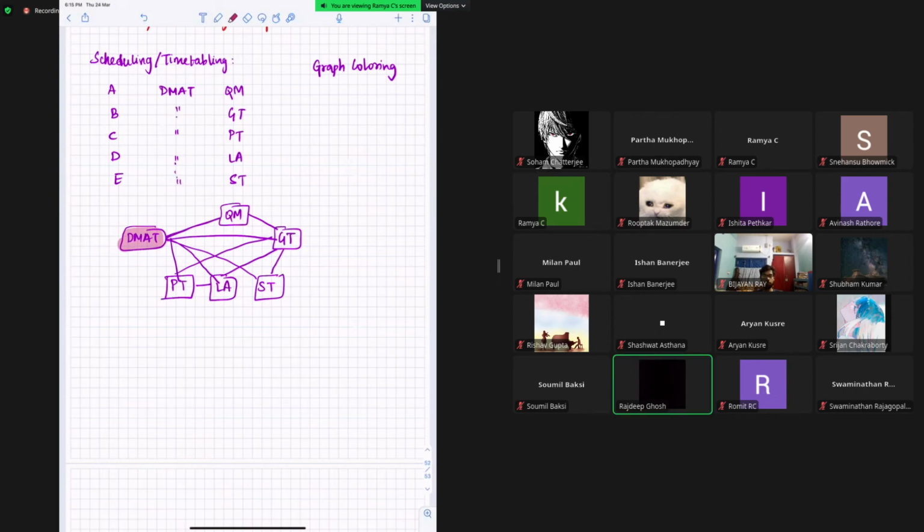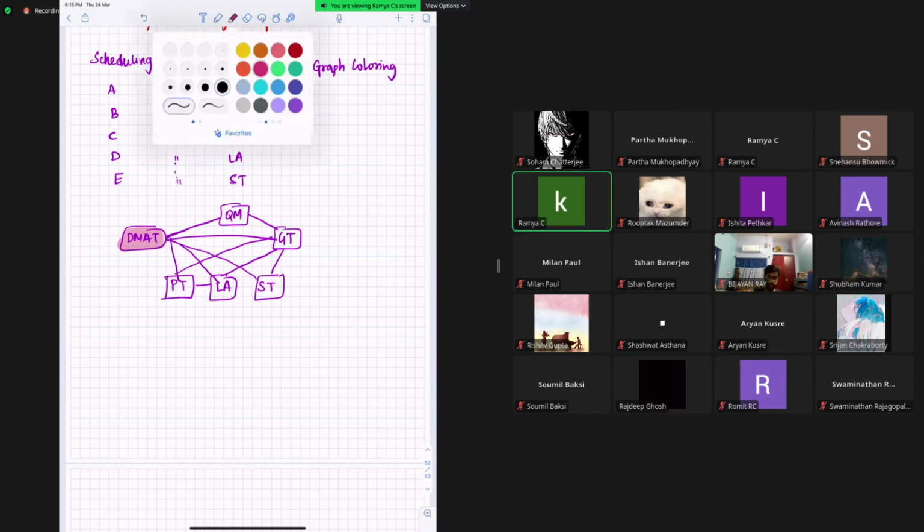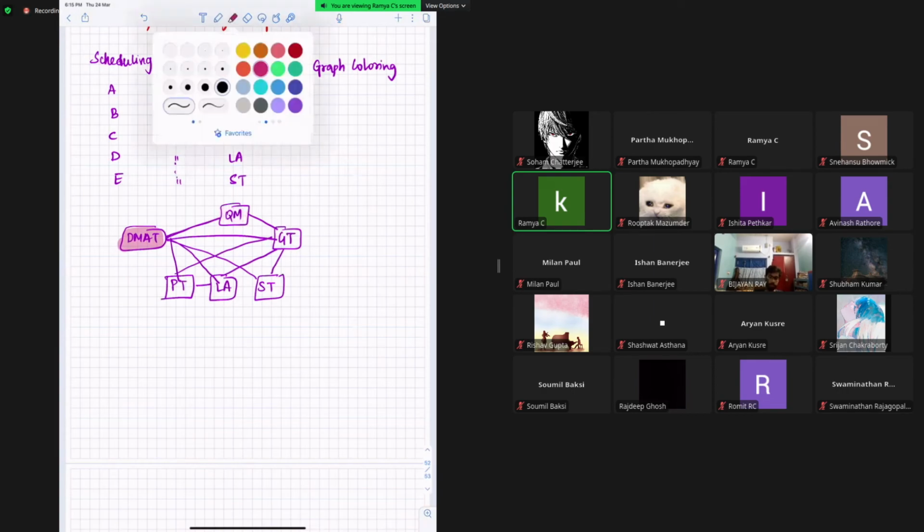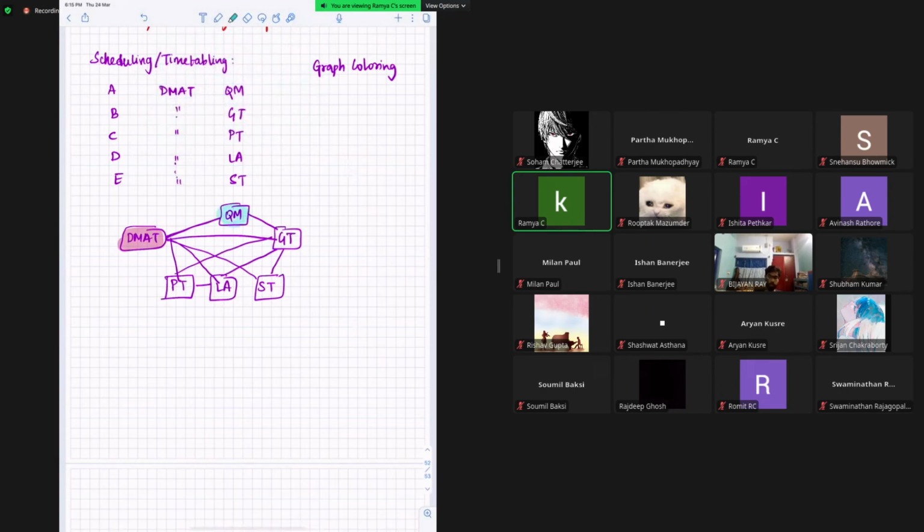Yes, we color it so that any 2 adjacent vertices don't get the same color. Exactly. So these 2 I should not give the same color. If I give the same color, it means I'm going to assign the same slot to them. So these 2 get different colors. Similarly, quantum mechanics and graph theory should get different colors because there is a student who's taking both the courses. So this is what is captured by graph coloring.